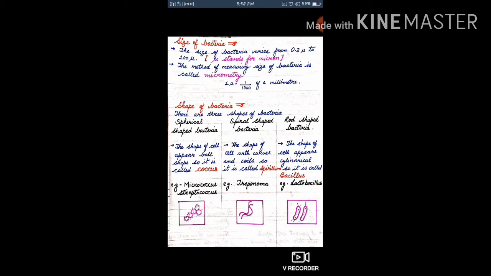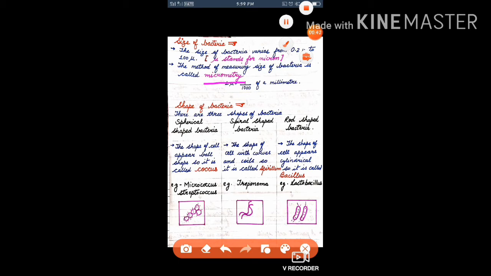The size of bacteria varies from 0.2 micron to 100 micron, meaning bacteria are available within this range. The method of measuring the size of bacteria is called micrometry.